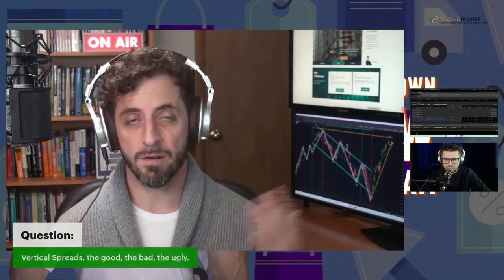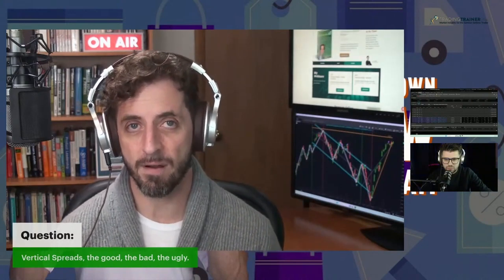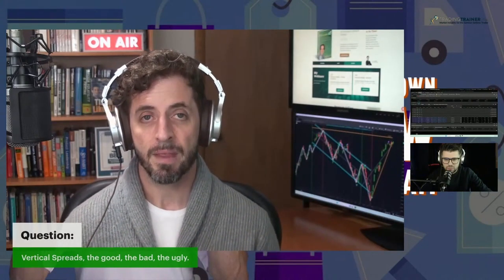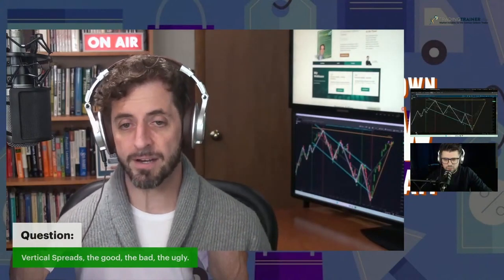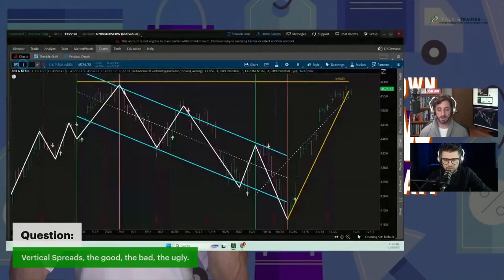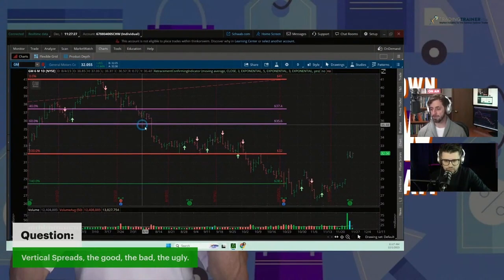I've only seen a couple of off-the-shelf courses out there that actually explain the risk involved with a vertical spread. But if you think about it, like if I look at a chart for, I'll just pull up a ticker. Let's talk General Motors. That's one of my faves, right?